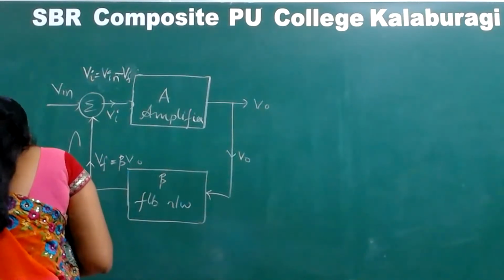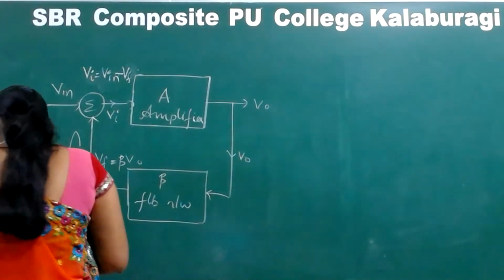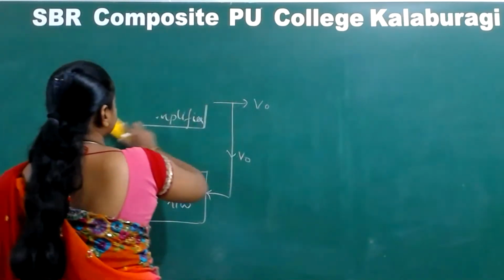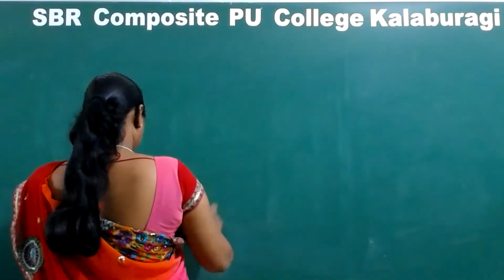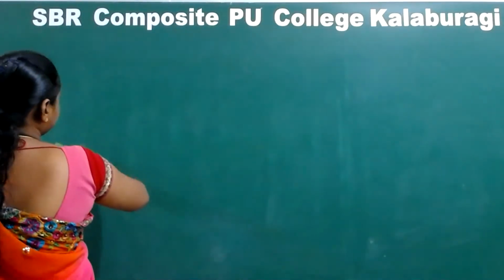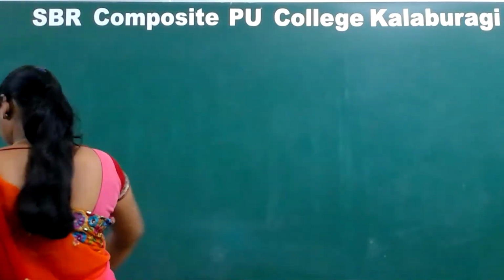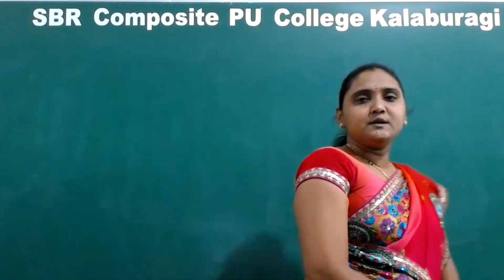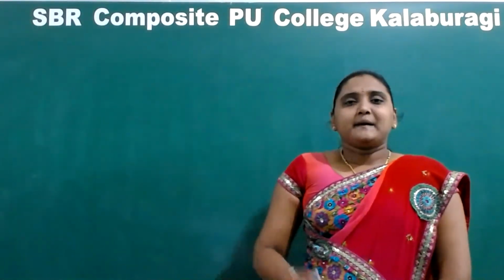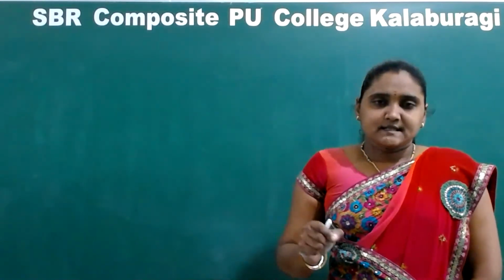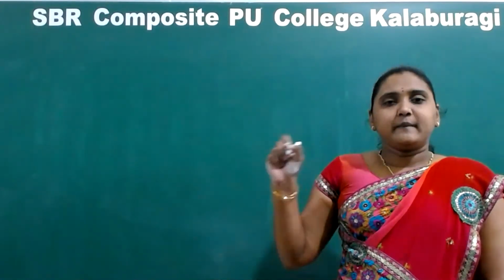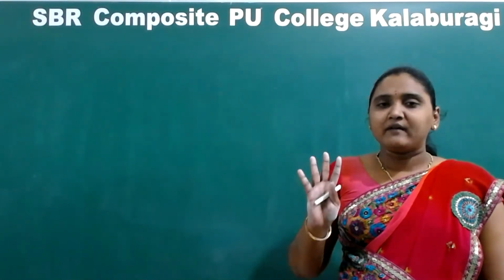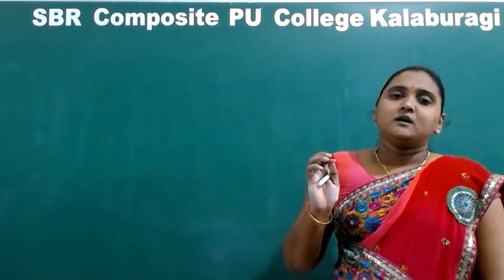Now we will see the four different types of configurations for negative feedback amplifier. Depending on the feedback applied, whether it is applied in the form of series connection or parallel connection, and whether the feedback taken is in the form of voltage or current, we will have four types of feedback connections.